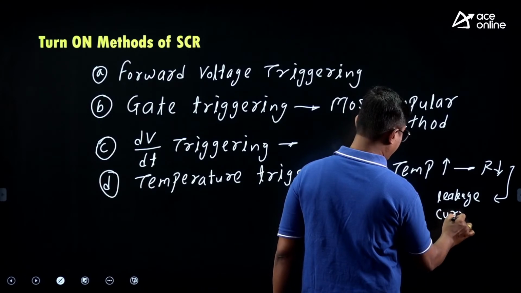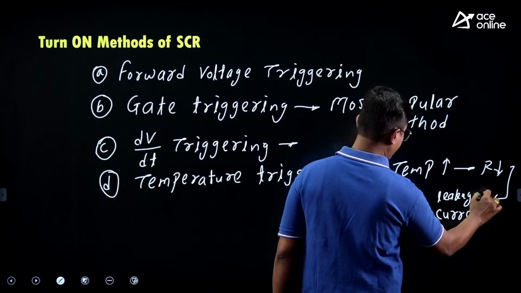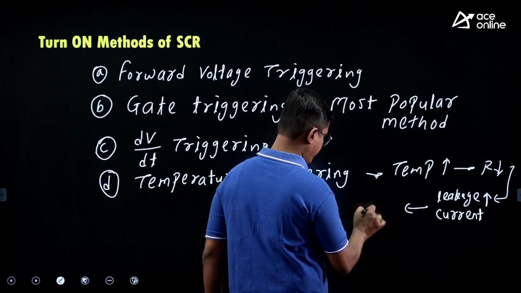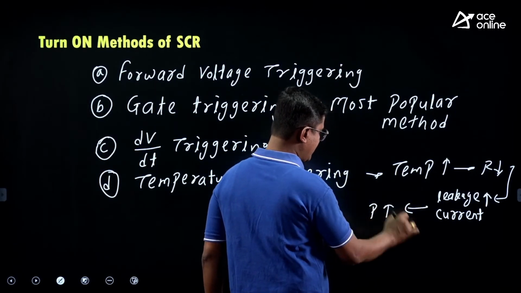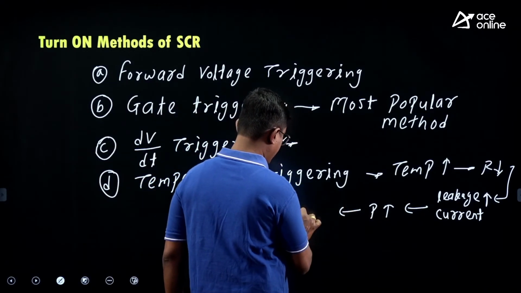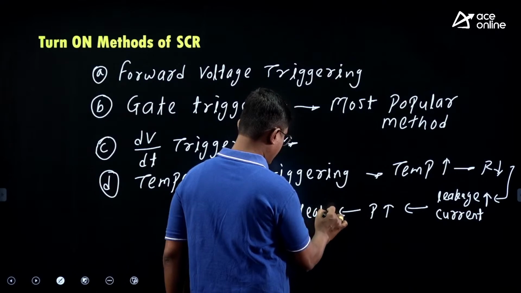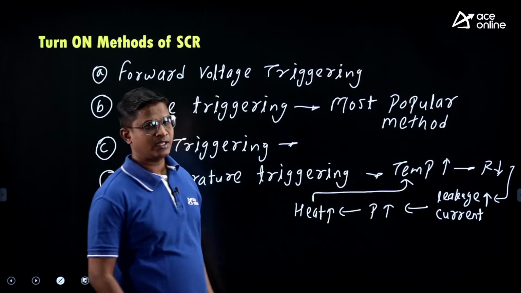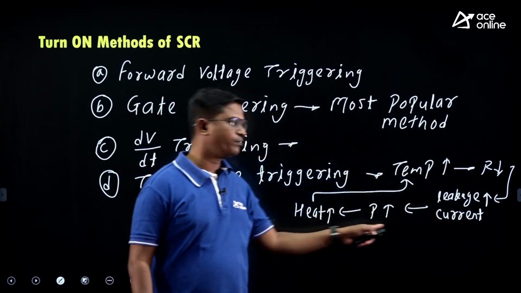Leakage current increases, so device power loss increases. Power loss increases, heat generation increases. And heat generation increases, then again temperature will increase. Means your device will enter into this loop.